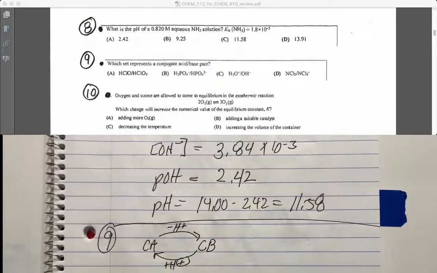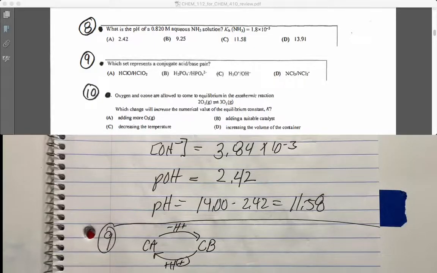You take the conjugate acid, remove a proton, you get the conjugate base. Take the conjugate base, add a proton, get the conjugate acid. So the only one where this is true is B. For B, H2PO4 minus and HPO4 2 minus, those differ by a proton.